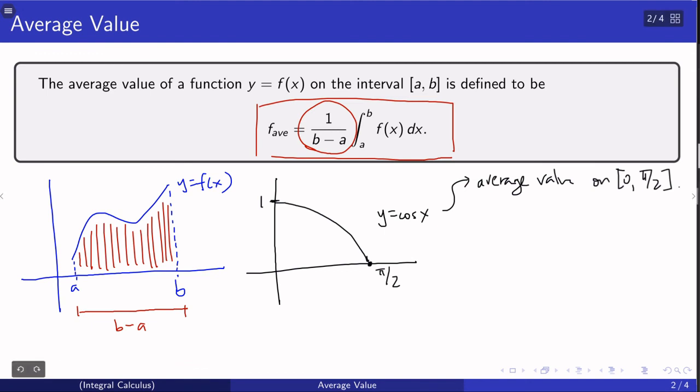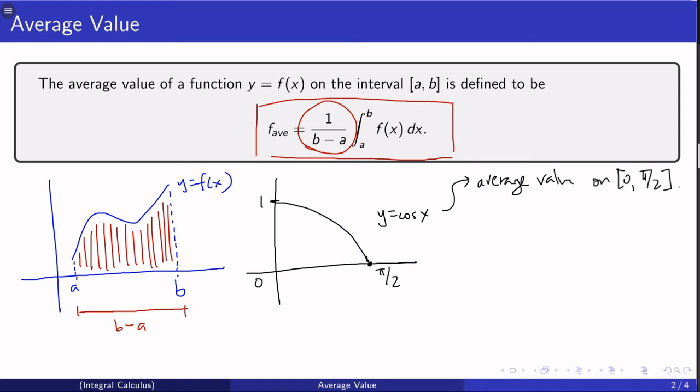Okay, so just looking at the graph here, what would we expect it to be? Well, clearly it's going to be a number in between 0 and 1, right? Because your function values are all in between 0 and 1. That means we can't have an average that's larger than 1 or negative.